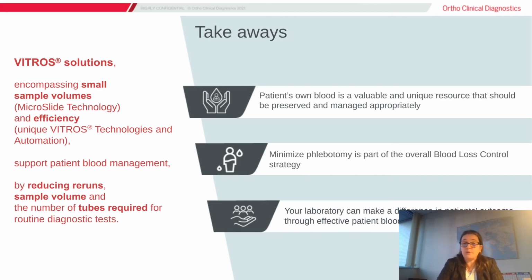So, VITROS solutions encompassing small sample volume, thanks to microslide technology, but also an efficient workflow, support patient blood management by reducing reruns, reducing sample volume, and also the number of tubes that are required for most routine diagnostic tests.